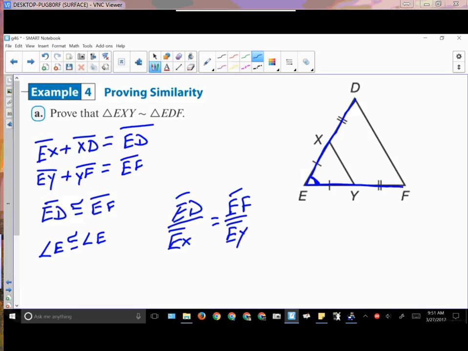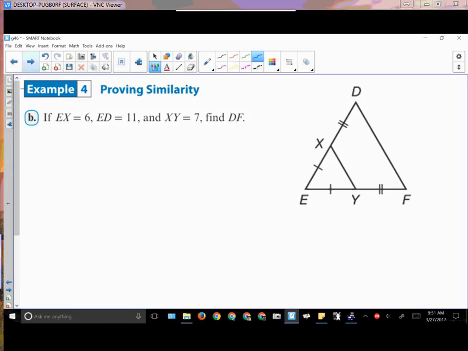So what about this? It tells me that EX is 6, ED, so from here all the way over here, is 11, and it tells me from X to Y, that is going to be 7.